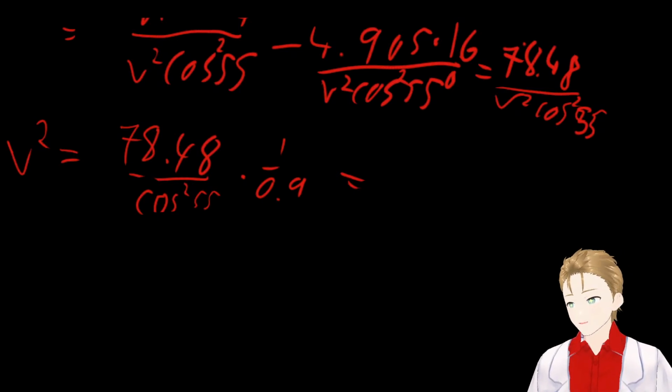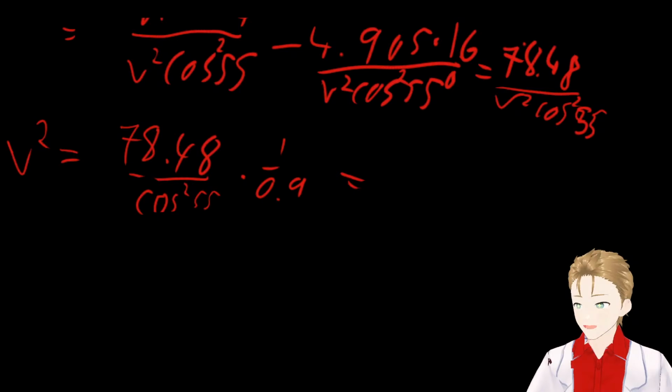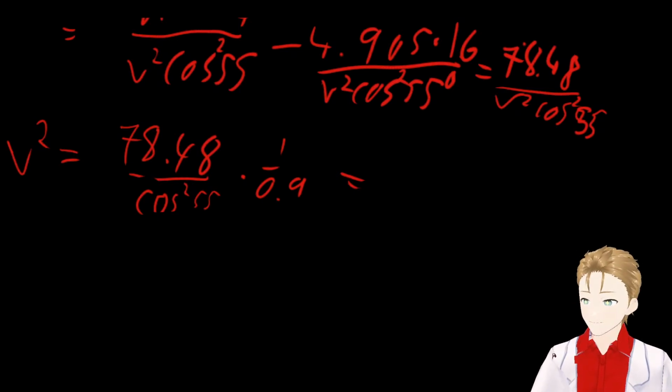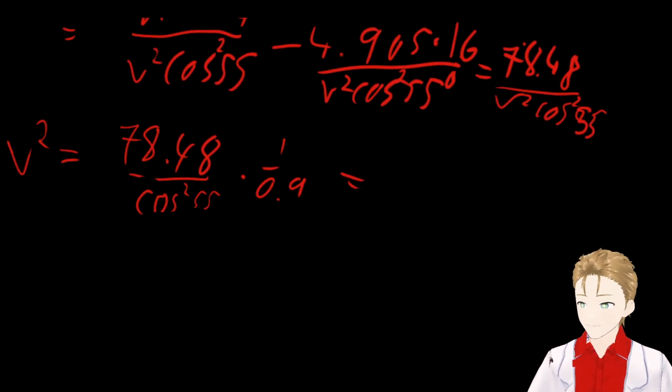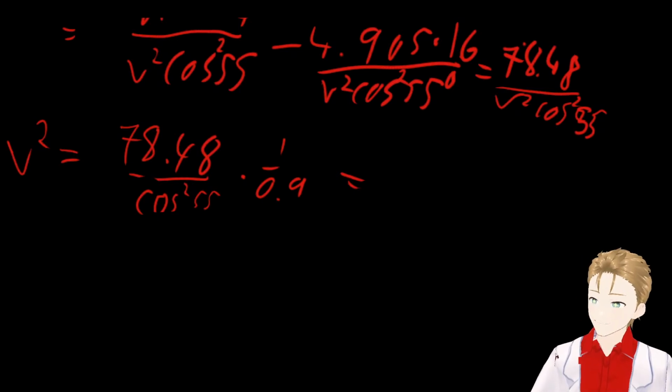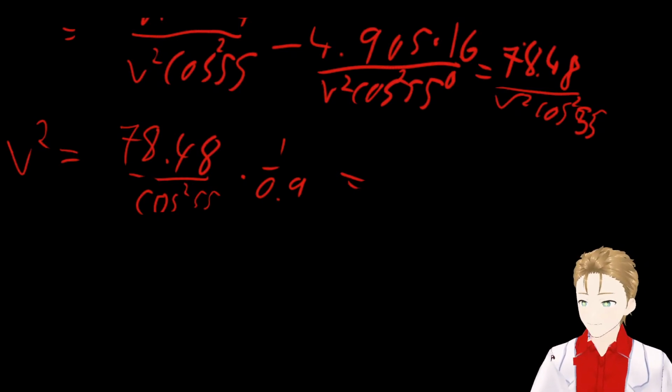Divided by cosine 55 degrees. Okay, this is gonna be weird. Squared times 0.9.